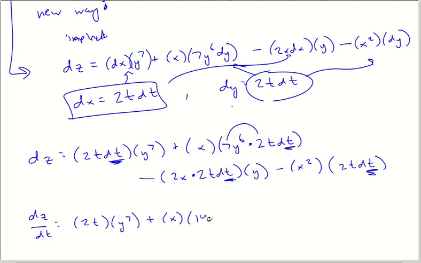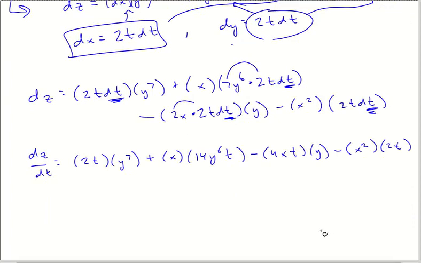So we got 14 y to the 6th t. Keep going. Again, combine like terms if you can. Those are going to be a 4. So we got 4x t, and then a y. And then over here, we got x squared 2t. Okay. Well, that's basically your answer.